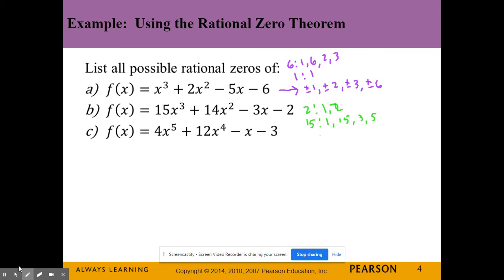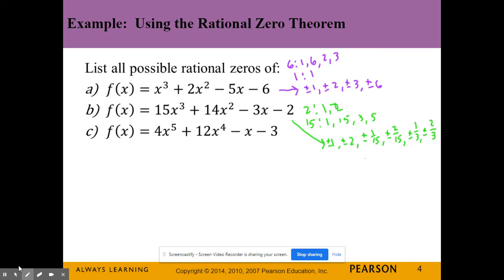So for the possible rational roots for this one, 1 divided by 1 is 1. So that's plus or minus 1. 2 divided by 1 is 2. Right, 1 divided by 15 is 1/15. 2 divided by 15 is 2/15. 1 divided by 3 is 1/3. 2 divided by 3 is 2/3.